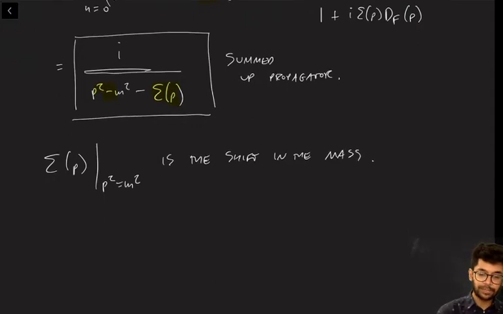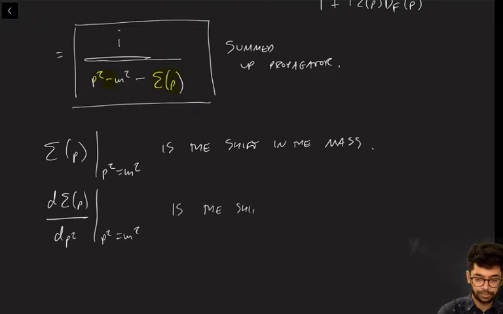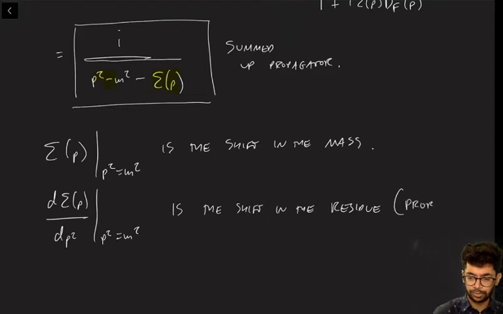And similarly, you can show that d Sigma of p over dp squared, evaluated at p squared equals m squared, turns out to be the shift in the residue. And I'm not going to show that here, but there's a problem that works you through it on problem set 2. So take a look at that.